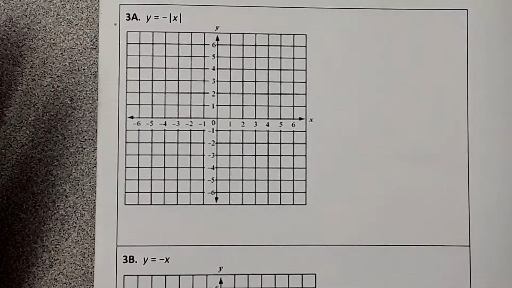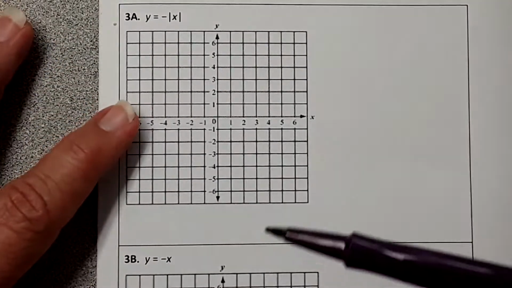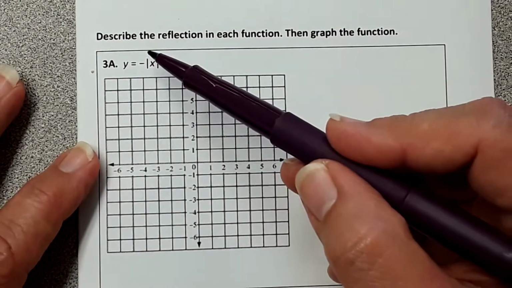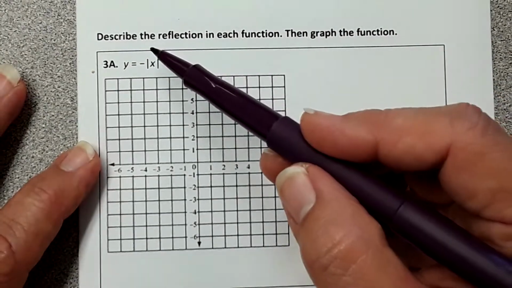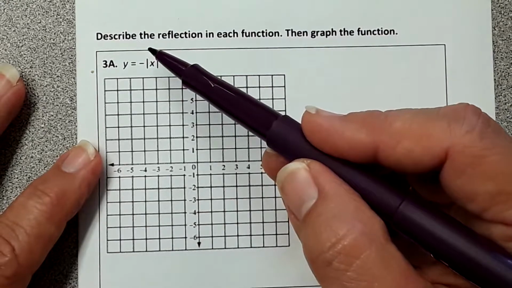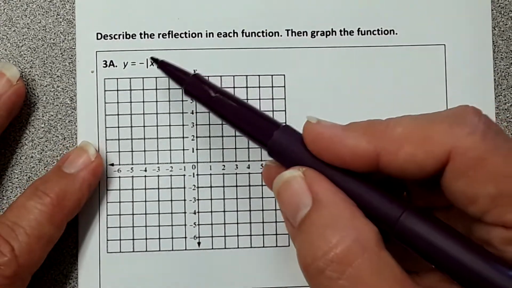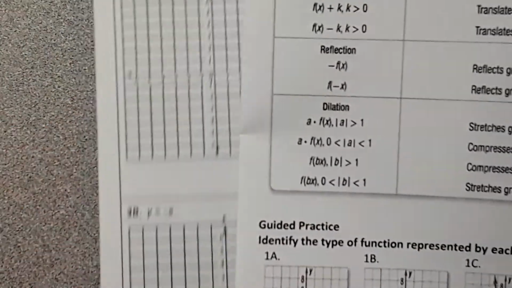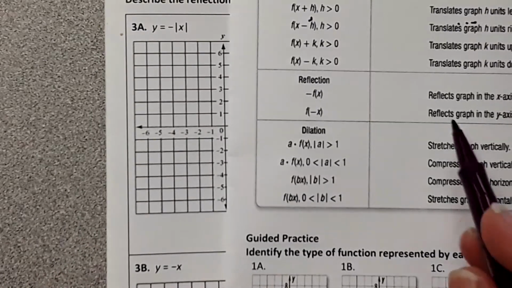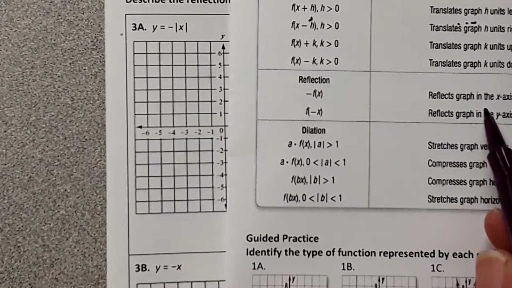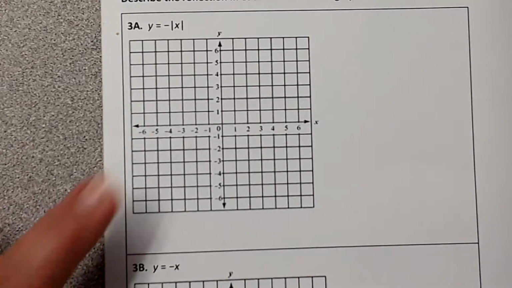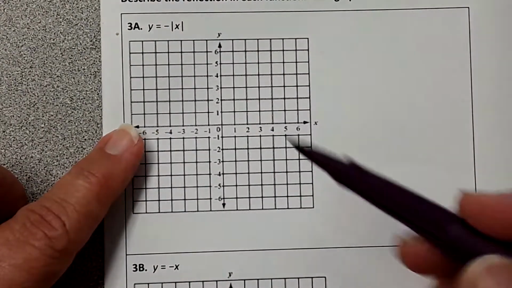Okay. Now, so we're looking at 3B. See how this is y equals the negative absolute value of x. So because there's a negative in front of it, okay? Now look at this. Negative in front of it, not inside of it, it's going to reflect the graph in the x-axis. So what that means is it's going to open down instead of up.